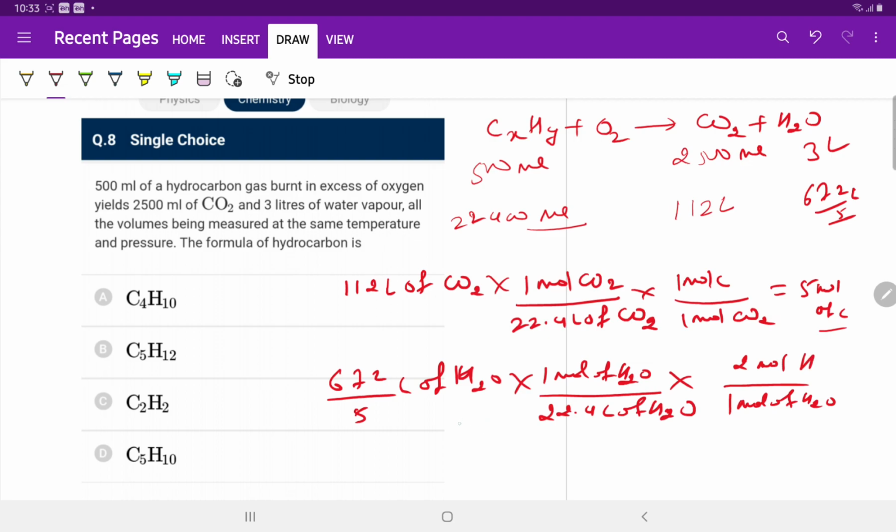So on doing this calculation, we obtain 12. So the moles of carbon is 5 and the moles of hydrogen is 12. So option B is correct for question number 8.